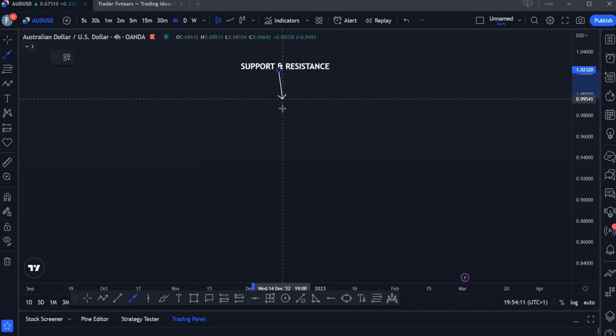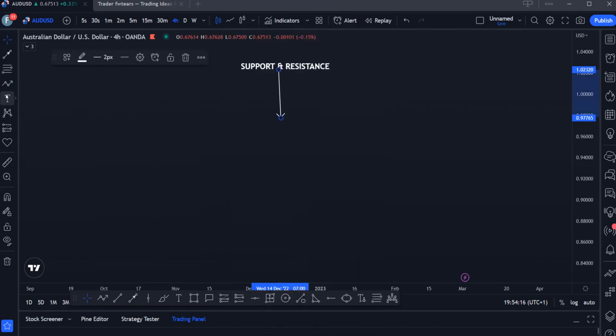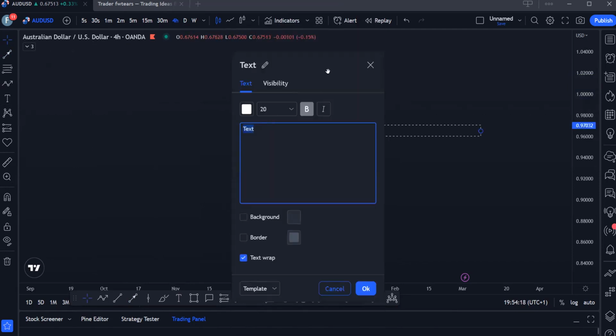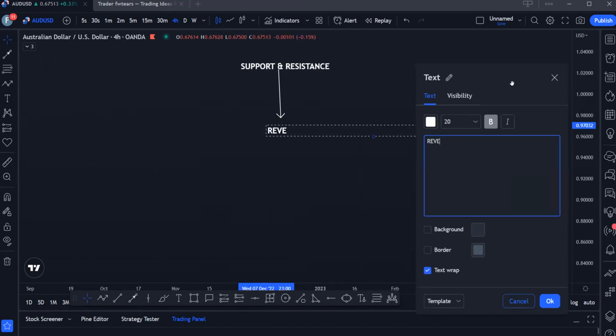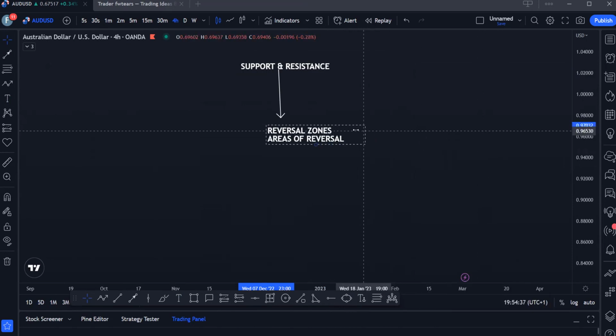I want you to think about reversal zones in the market. Okay, think about reversal zones. Think about reversal zones or areas of reversal. You cannot miss it. Areas of reversal in the market. All right.